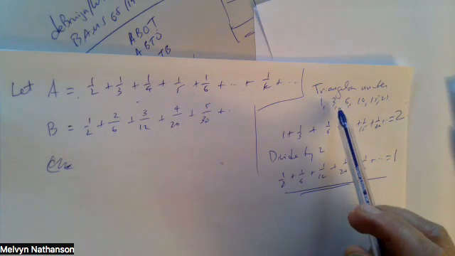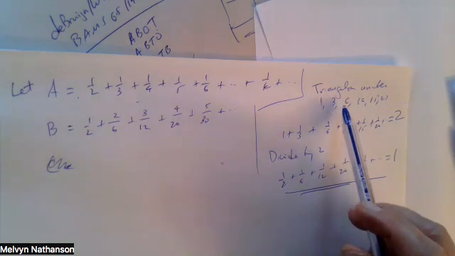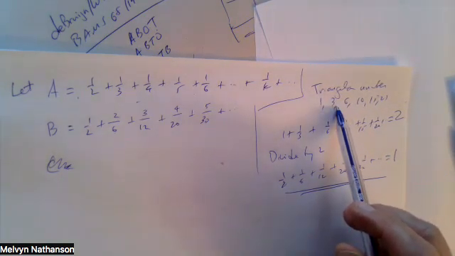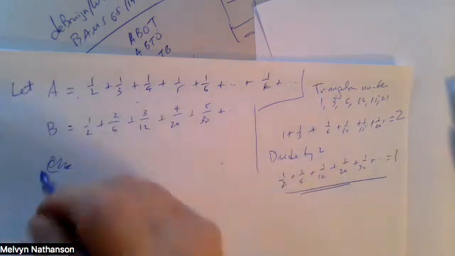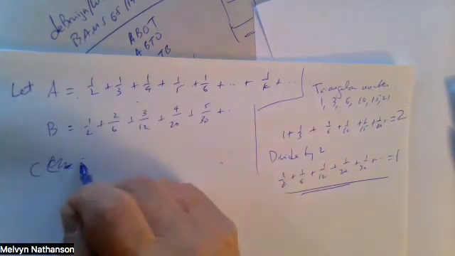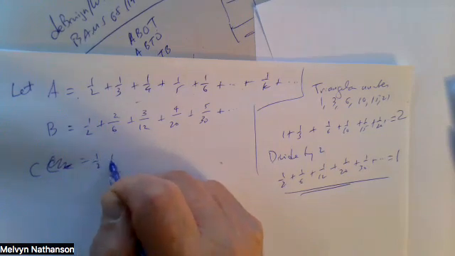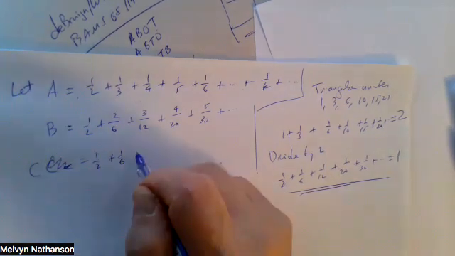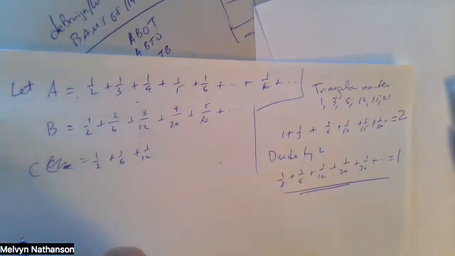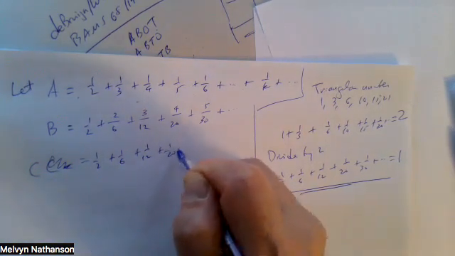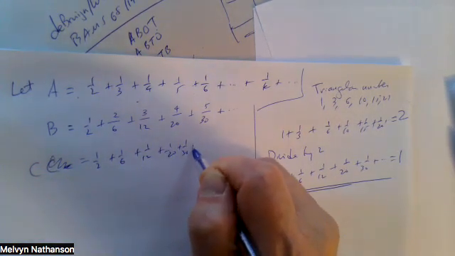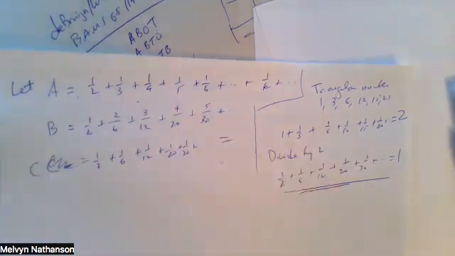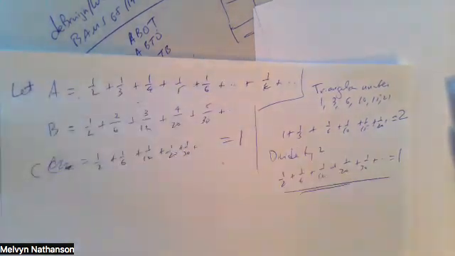So from Leibniz's theorem about the sum of the reciprocals of the triangular numbers, we get this series, which I'll call C, which is 1/2 plus a sixth plus a 12th plus 1 over 20 plus 1 over 30 and so forth equals 1.